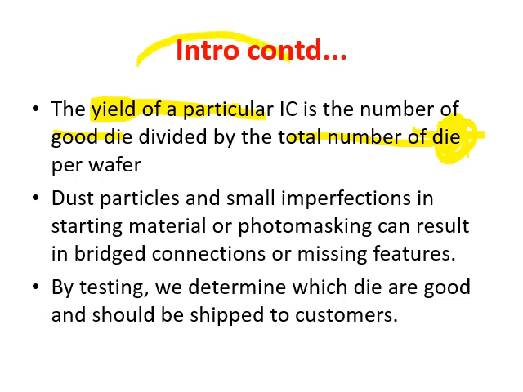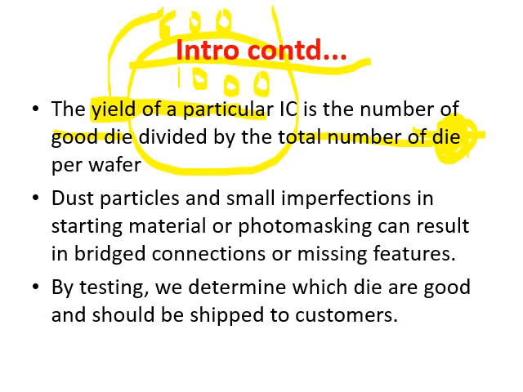So I have told you that there is a wafer, and onto that wafer if we have manufactured say 1000 ICs, and out of those 1000 ICs, say only 600 ICs are working properly or functioning properly, then we can say that the yield of this manufacturing was only 60%, because it is 600 divided by 1000. It gives 60%. So this is the yield.